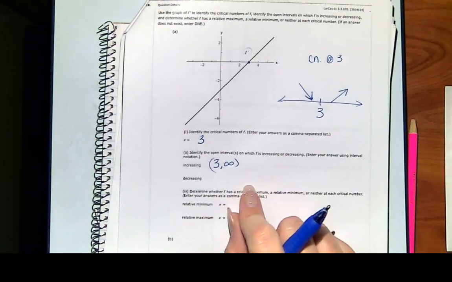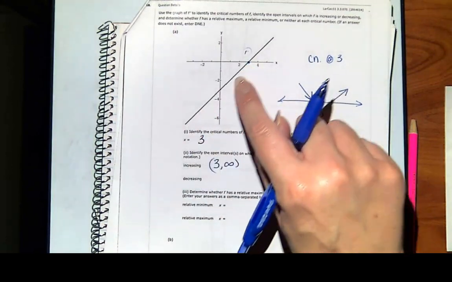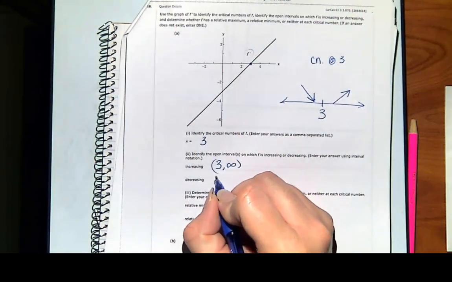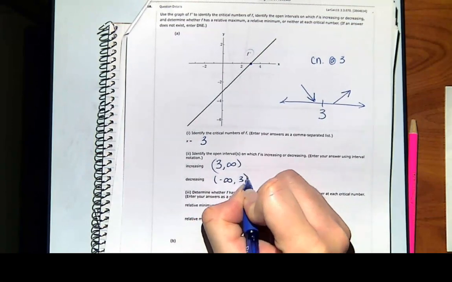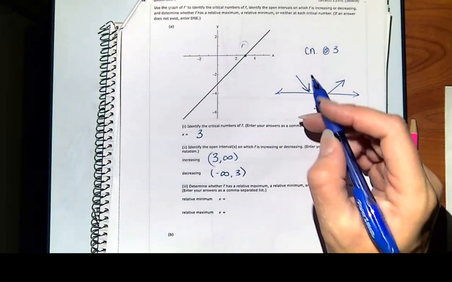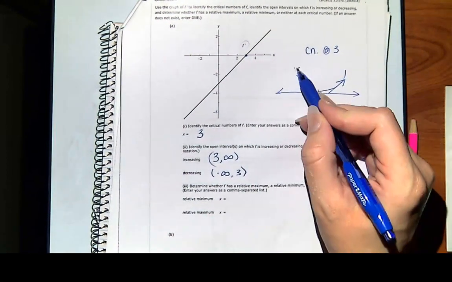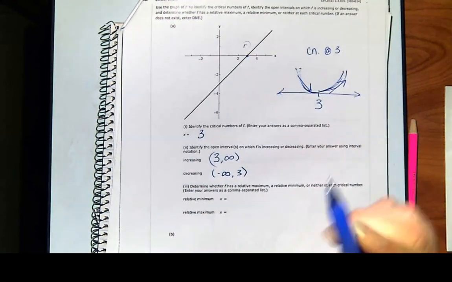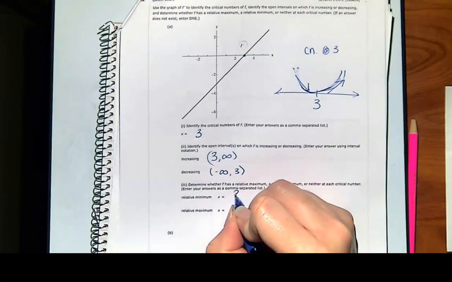It decreases when it's below the axis, so from negative infinity to 3. And then do you have a max or a min? We'll come back over here because that's where this little drawing comes in handy. You have a minimum at x equals 3, and you do not have a maximum.